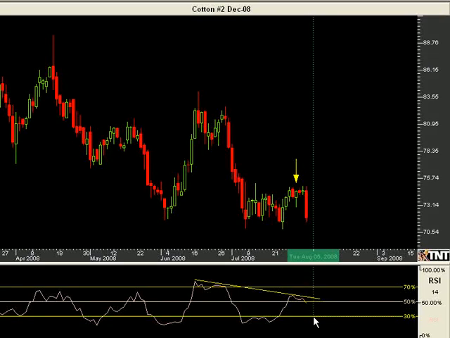It is important to note that the movement on the indicator has no correlation at all to what's happening in the price bars. You can see we had a relatively small move in the indicator and yet a big move on the price bar. And occasionally you'll get the opposite. You'll get a really big move on the indicator and just a tiny little move on the price bar.